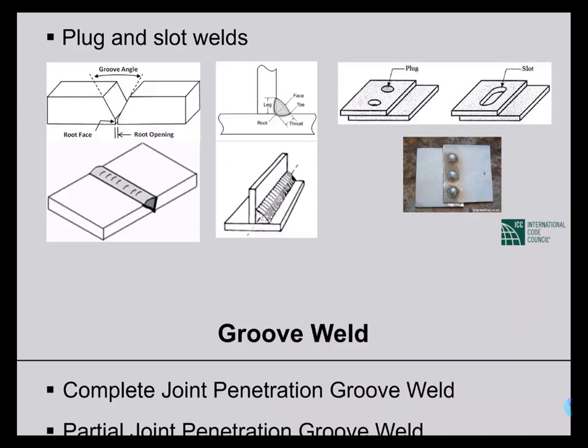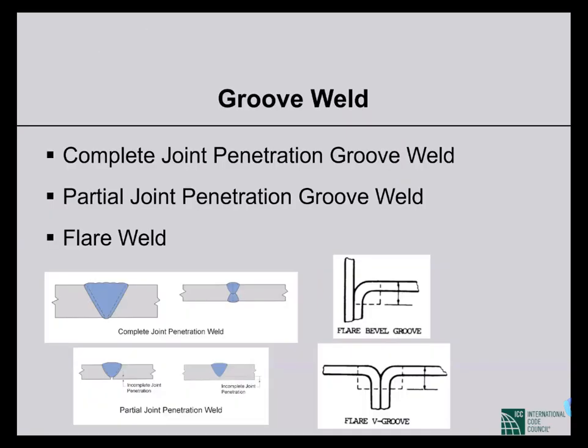Now, for groove weld, there can be three types. One is complete joint penetration groove weld, CJP, where we weld from the bottom of the thickness, and we gradually come to the top of the weld.